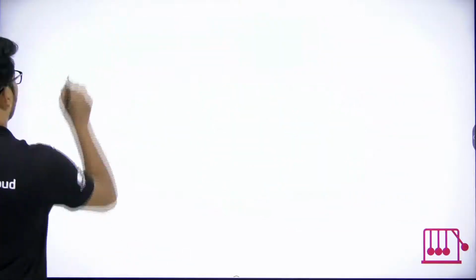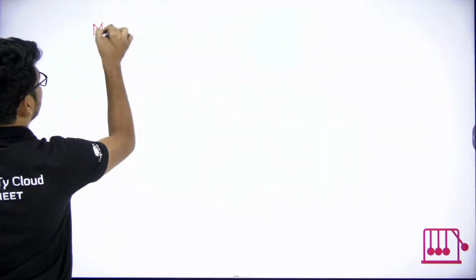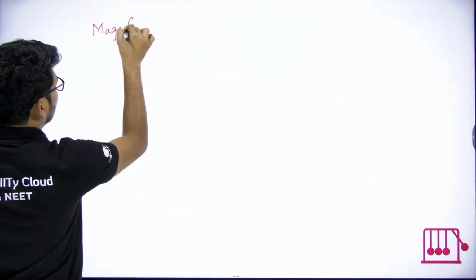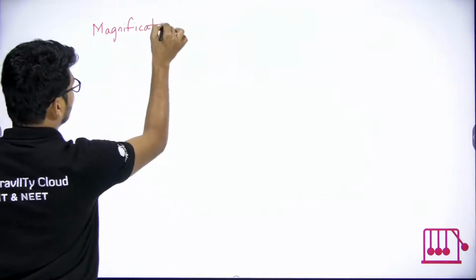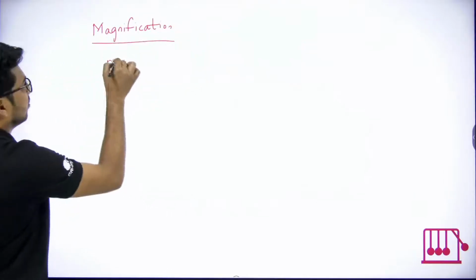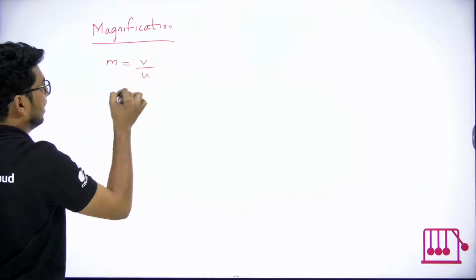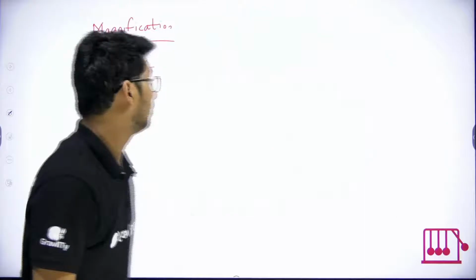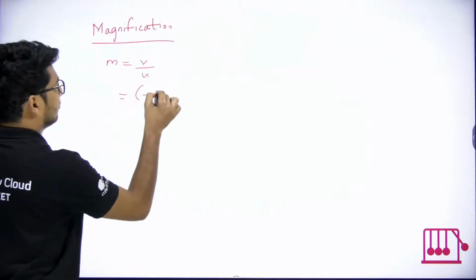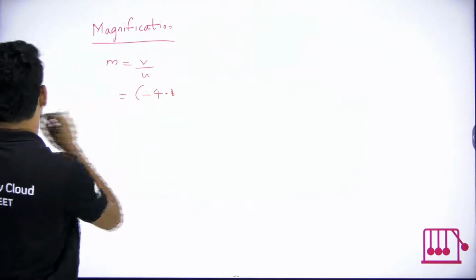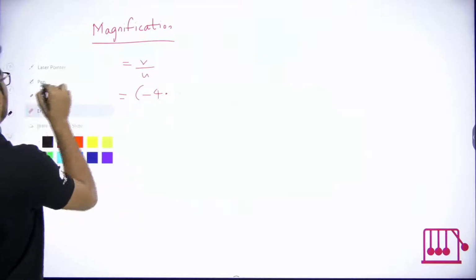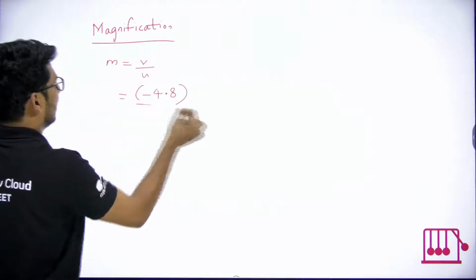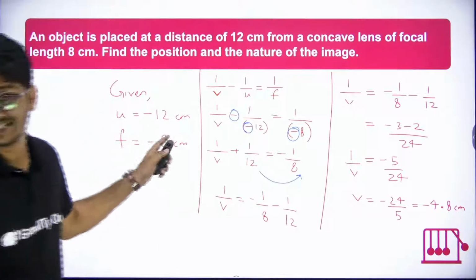We'll again go into the magnification part. So for magnification, what is the formula? Magnification by a lens, m is equal to v by u. But we just got v as minus 4.8. So again I'll make use of brackets, minus 4.8 centimeters. And u is minus 12.